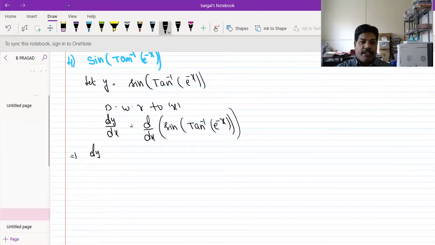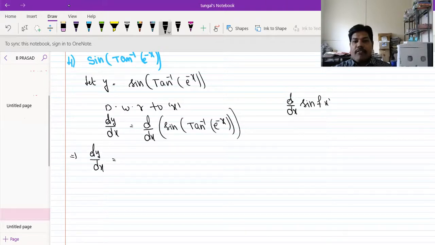dy by dx is equal to, first, the derivative of sine f of x. What is the derivative of sine f of x, students? Tell me the formula: cos f of x into f dash of x.